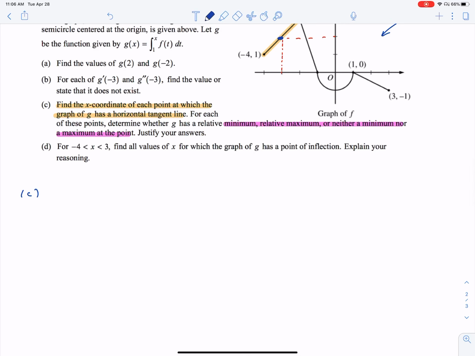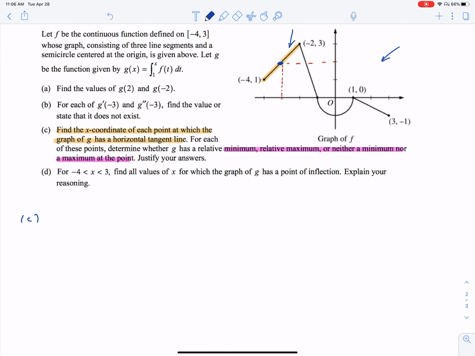So the first thing I'm going to do is, I think you'd agree, in order to find minimums and maximums for this thing, I'm going to say g has horizontal tangents when g prime of x, which we've already established equals f of x, equals 0.